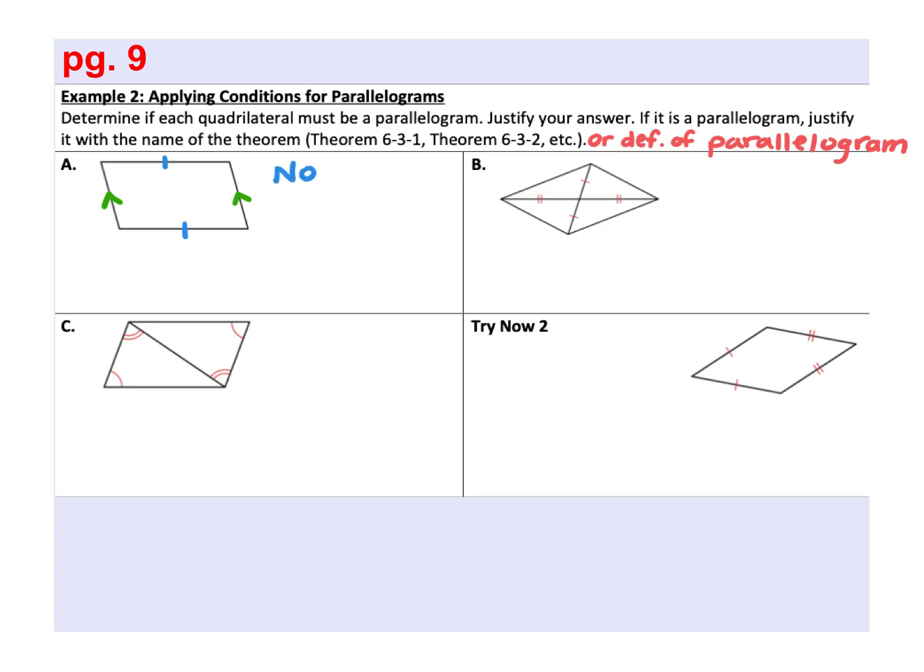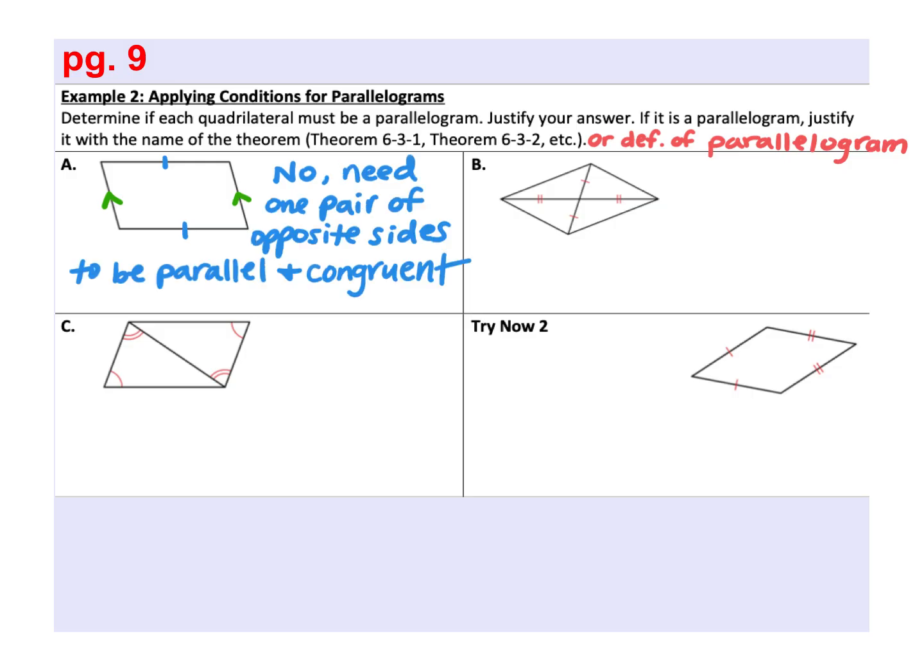This is not that. Here I have one pair that's parallel, one pair that's congruent, but it's not the same pair. So therefore, it's not enough information to prove that it's a parallelogram.